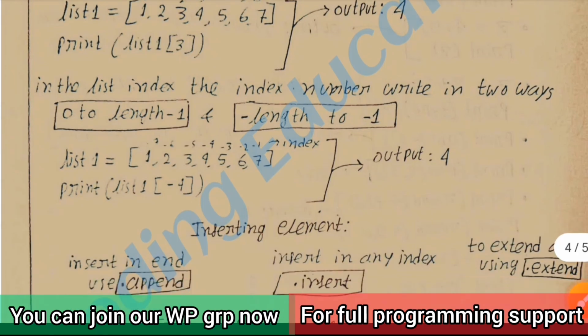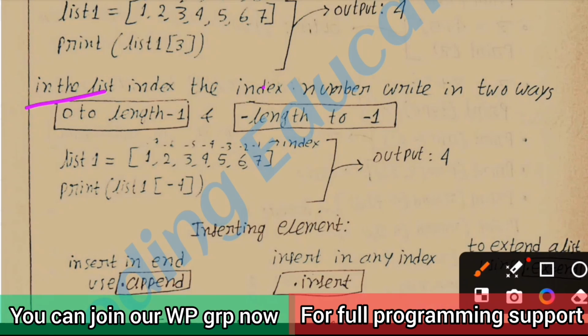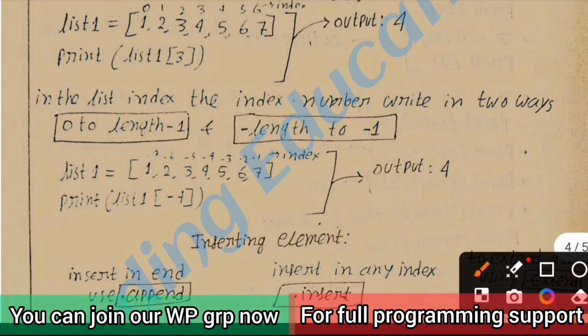Okay, in a list, the index number can be written in 2 ways. We know in an array it is written in only one way, 0 1 2 3 4 5 6, like that. But in a list there are 2 ways to write the index: 0 to length -1 and minus length to -1, we can write like that.